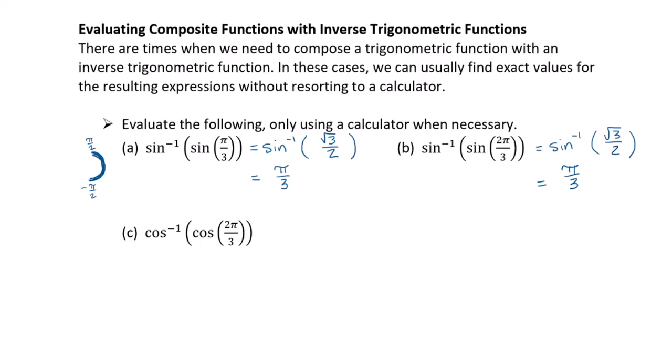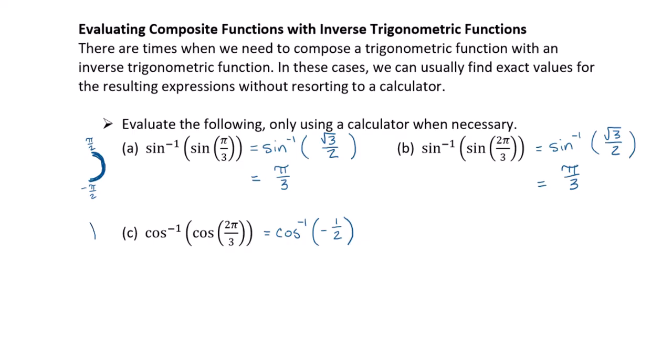Here I have the inverse cosine of the cosine of 2 pi over 3. Again, working on the inner set of parentheses, I know that the cosine of 2 pi over 3 is negative 1/2. Now it's my job to take the inverse cosine of negative 1/2.